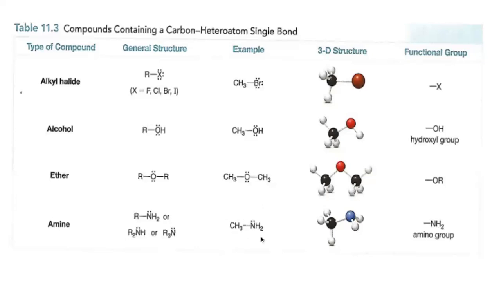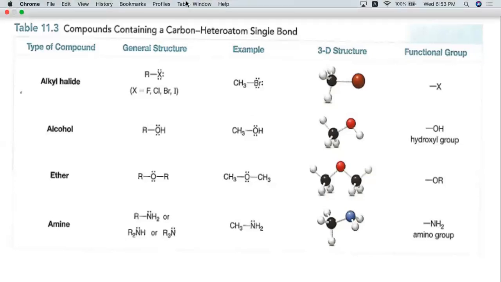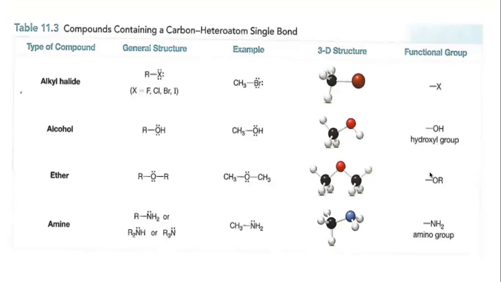So what you want to look for is this nitrogen with 2 hydrogens bound. And in this model, the nitrogen is indicated with a blue ball here, and you have these 2 hydrogen atoms, and it's connected to that alkyl group. So these are all of the carbon bound to a heteroatom functional group.